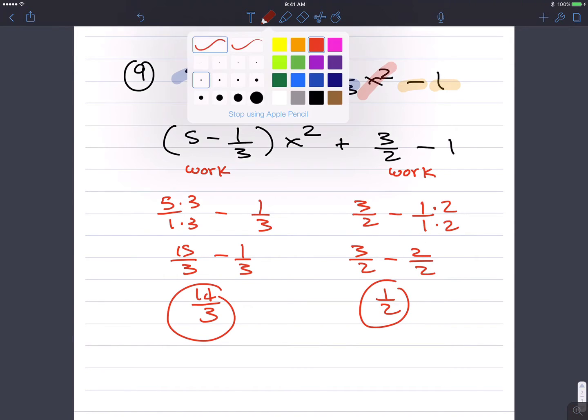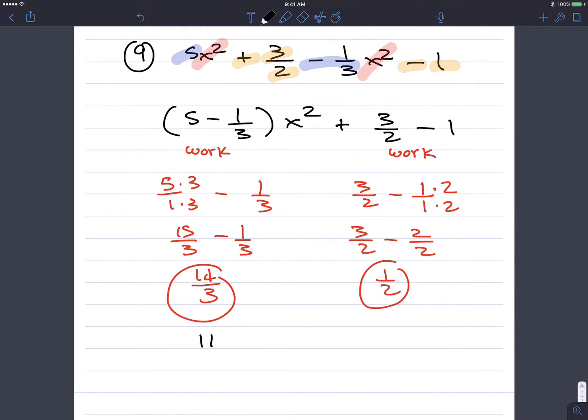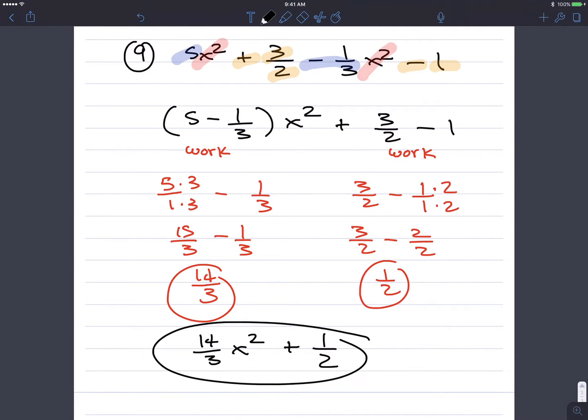So these numbers here are what we're going to use in our final answer: 14/3 x squared plus my constant of 1/2. And there you go. That's number 9.